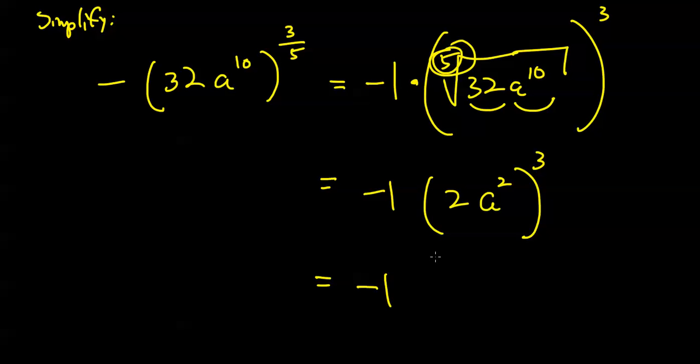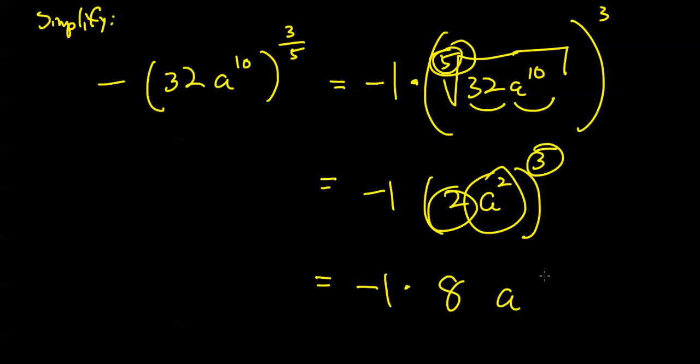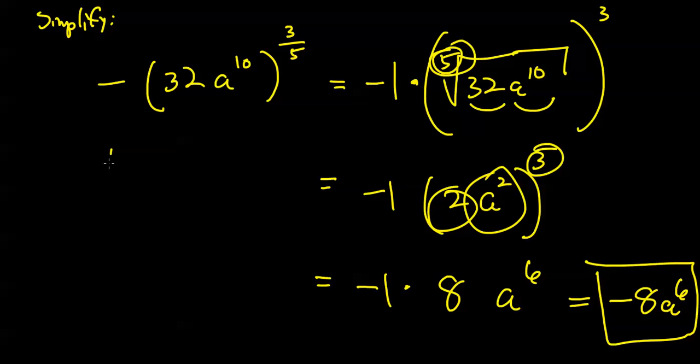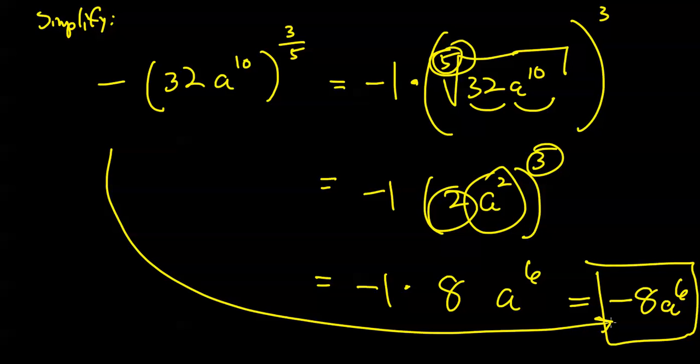So I've got -1 times 2 cubed, which is 8. A squared cubed is a to the 6th. So my final answer here is going to be -8 times a to the 6th power. Final answer for this example is right there.